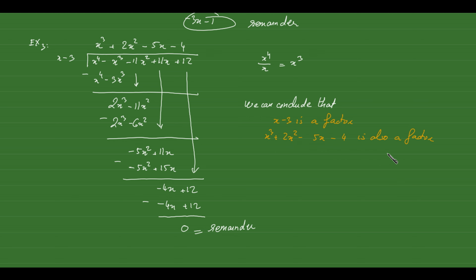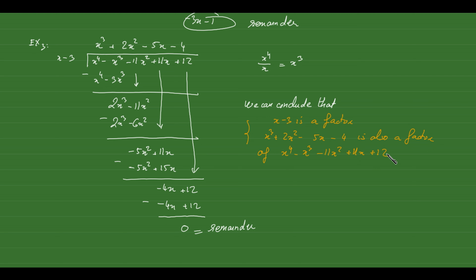This is a nice factor, and this is also a factor, but because this is a polynomial, maybe we can factor more. But this is considered a factor also. A factor of what? Both of them are factors of x to the 4 minus x to the 3rd minus 11x squared plus 11x plus 12.